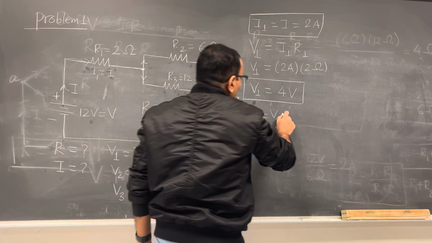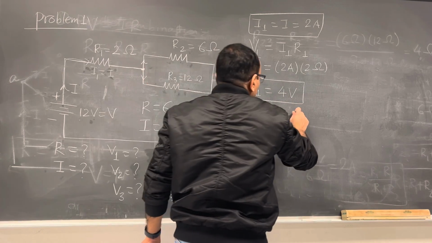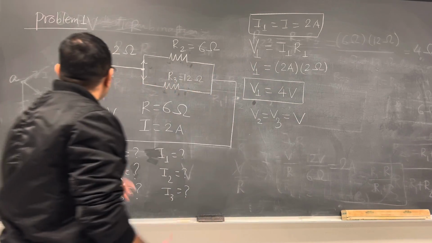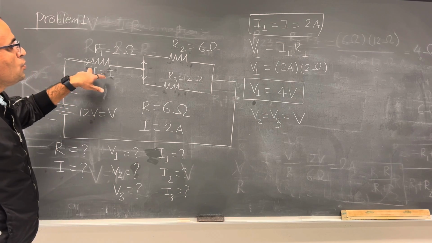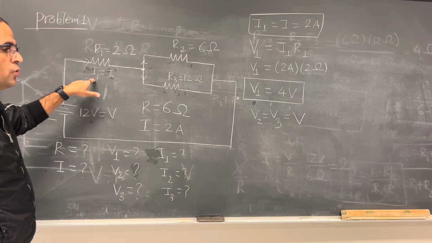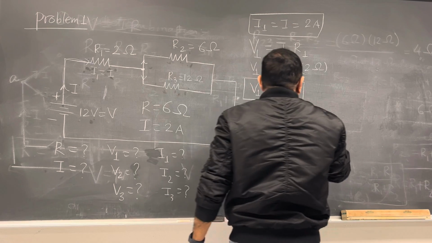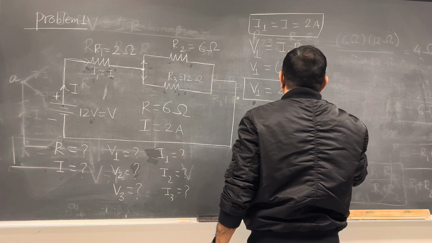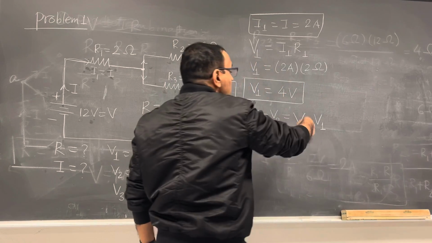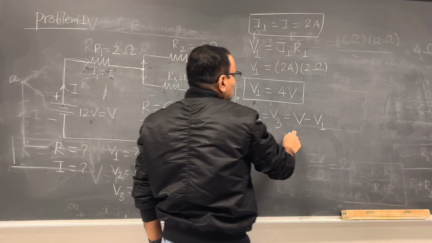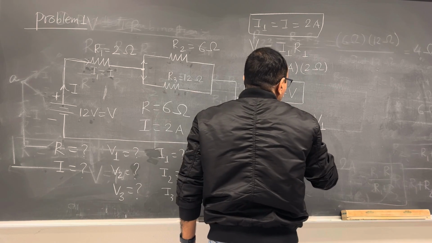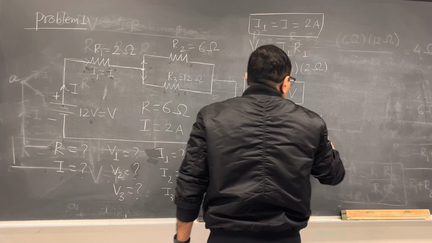So this is equal to the total voltage V. Out of these 12 volt, 4 volt drop here. So V2 equals V3 equals the total voltage minus the voltage drop across R1. So V minus V1. Therefore this is equal to V, 12 volt, minus V1, 4 volt.